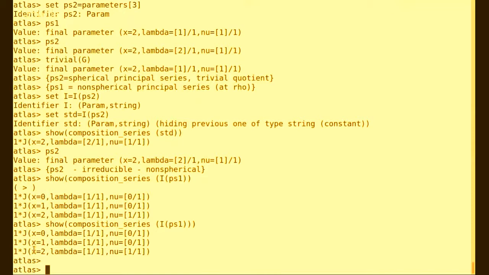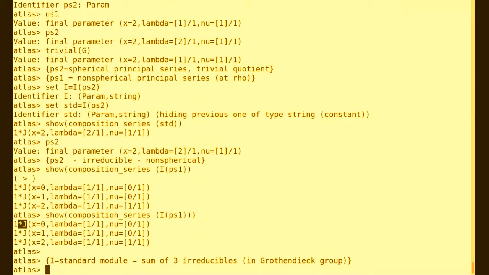These are irreducibles, which is indicated by the fact that they're labeled J. So this standard module I is equal to J1 plus J2 plus J3. It's the sum of 3 irreducibles. And of course, everything is in the Grothendieck group. These representations are not completely reducible. These are its composition factors.